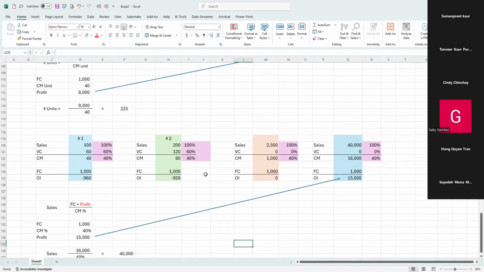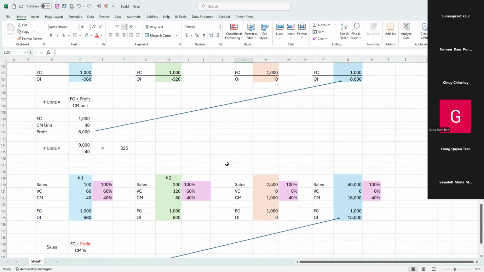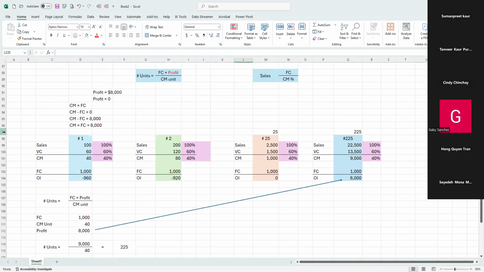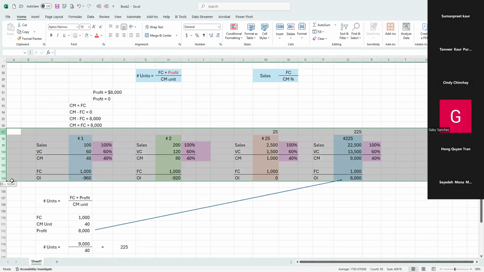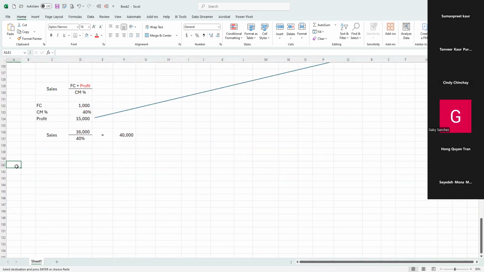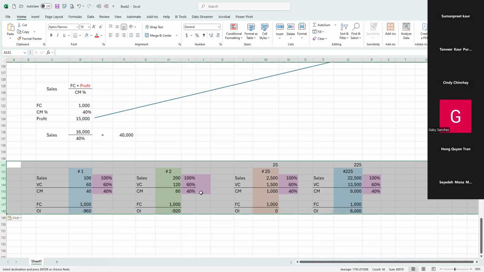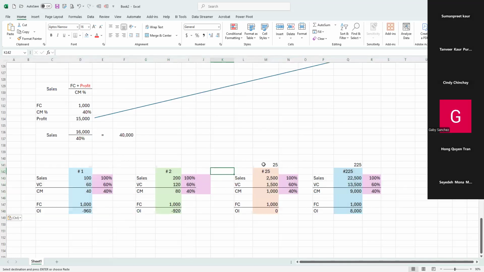One more thing I want to show you, and that thing is right here. I'm gonna grab this information now, and I'm gonna flip it here. So we know at this point that when we're selling 25 units, I'm on break even, correct?